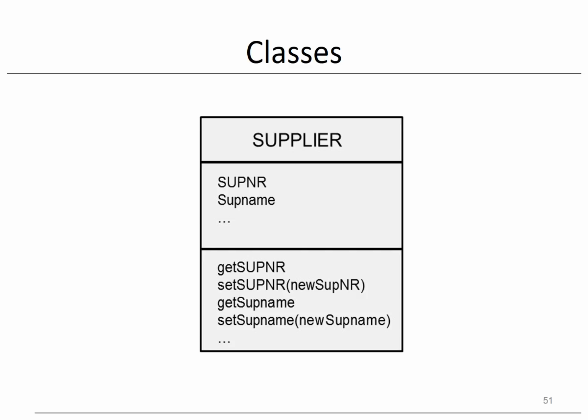And in the bottom part, the methods, such as getSupplierNumber, etc. Example methods are the getter and setter methods for each of the variables. The method getSupNumber is a getter method which retrieves the supplier number of a particular supplier object, whereas the method setSupNumber(newSupNumber) assigns the value newSupNumber to the supNumber variable of a supplier object.